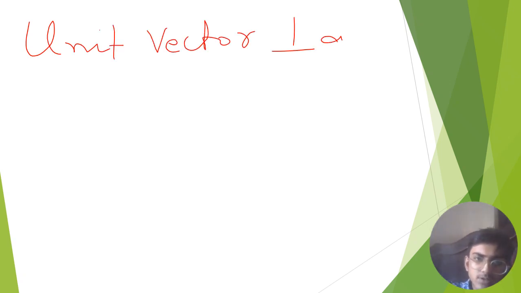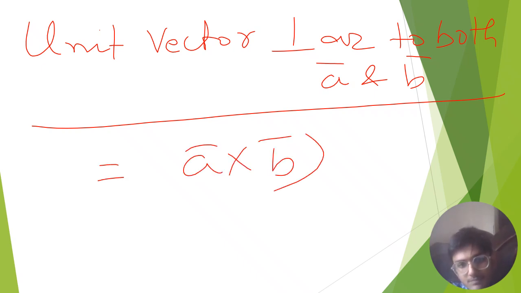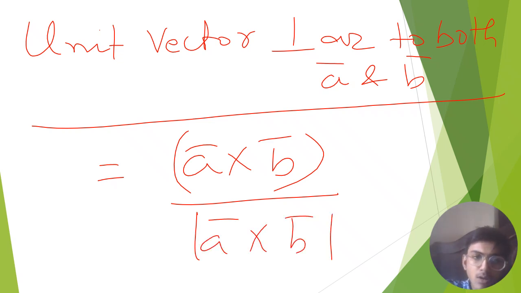Now there is one case, that is the unit vector perpendicular to both A and B vector. Okay, so this will be A cross B over magnitude of A cross B, plus minus.